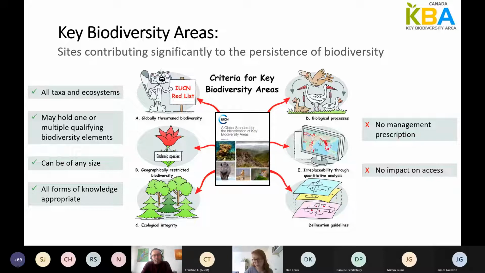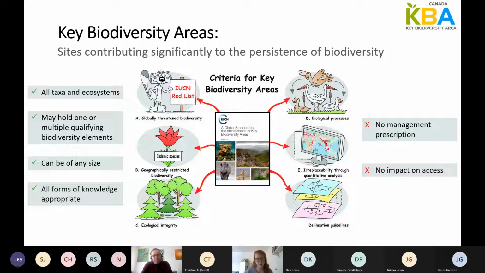A few reminders of what some of the key components of KBAs are, some things to remember. They can capture sites for any taxa and ecosystems. They can hold one or multiple qualifying biodiversity elements. They can be sites of any size within reason. They need to be essentially manageable.